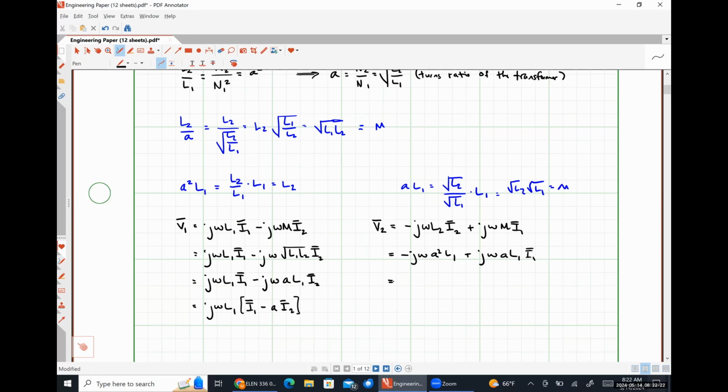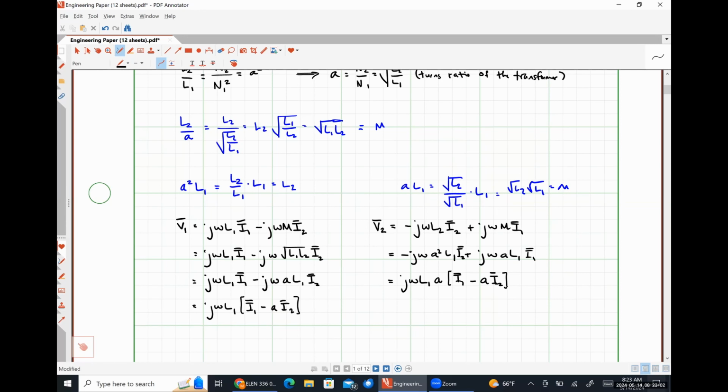So there is now a common factor of j omega L1 times A that we can pull out of both sides, right? So I would have j omega L1 times A. I'm going to have an I1 from the right-hand term, and I'm going to have a minus a, sorry, I missed the I2 here, my apologies, times I2 for my left-hand term.